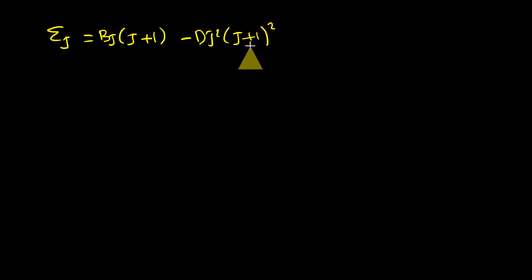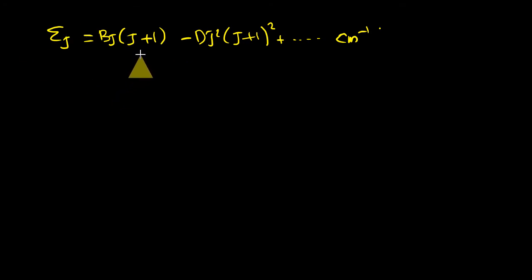That is why I have put epsilon J. So epsilon J is equal to Bj into J plus 1 minus dj square into J plus 1 the whole square, plus etc. If we are considering the anharmonicity of the vibration, you can consider more terms here, but if you are limiting this to the harmonic vibration, then you can say Bj into J plus 1 minus dj square into J plus 1 the whole square, centimeter inverse. So that is the energy expression in terms of centimeter inverse.